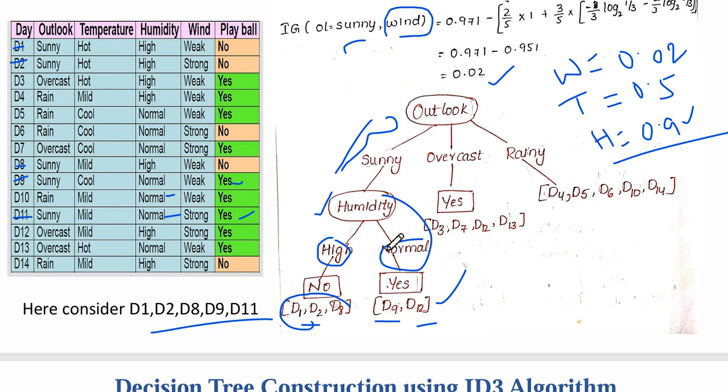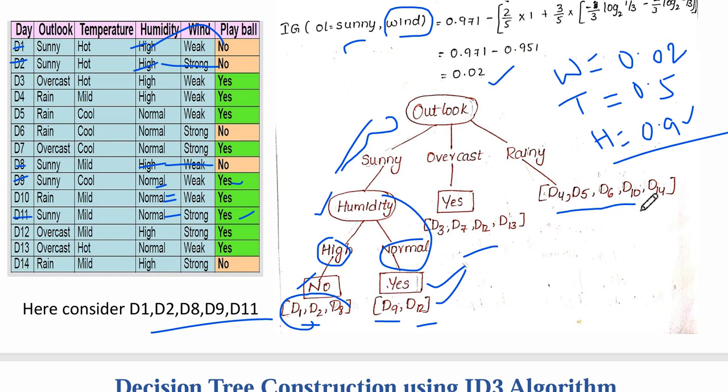So humidity equal to normal, we have only 2 records, and those 2 records belong to yes class. That's why I can make it a yes. If humidity equals high, those records belong to no class. That's why no. Now this one is completed. So outlook equal to overcast is yes class.